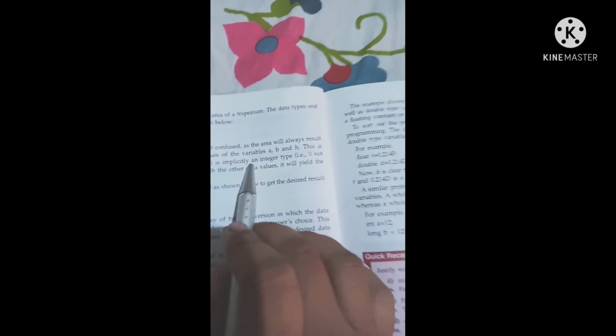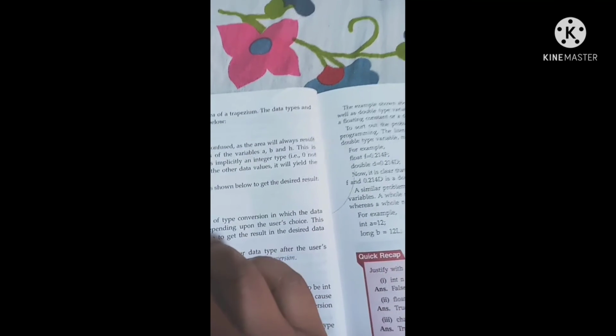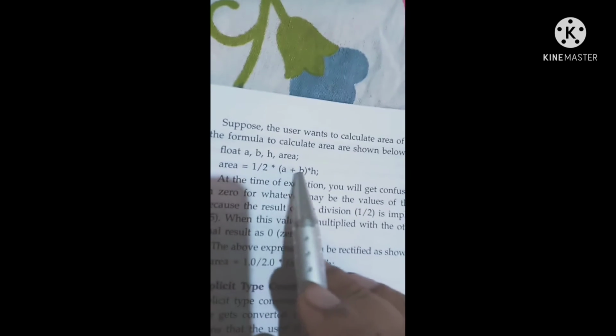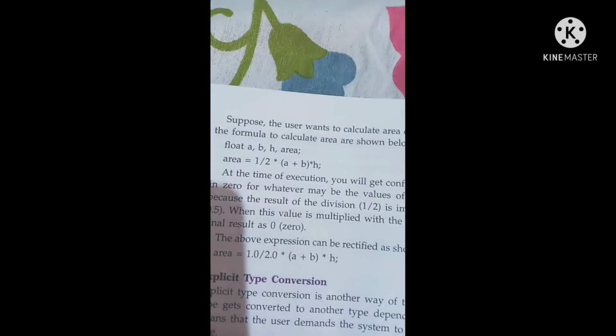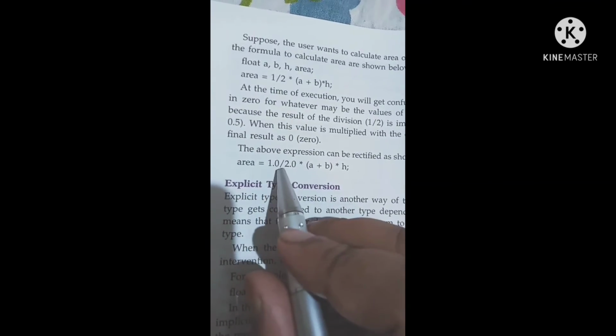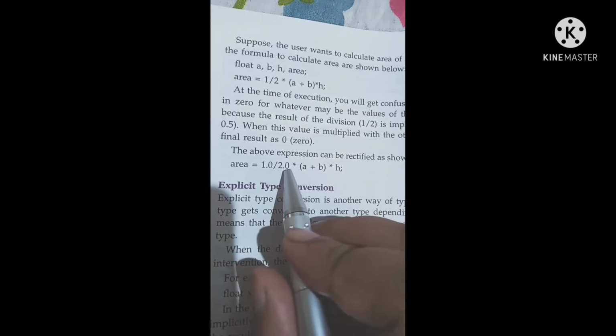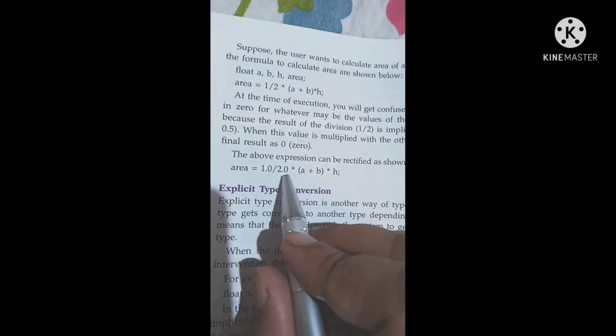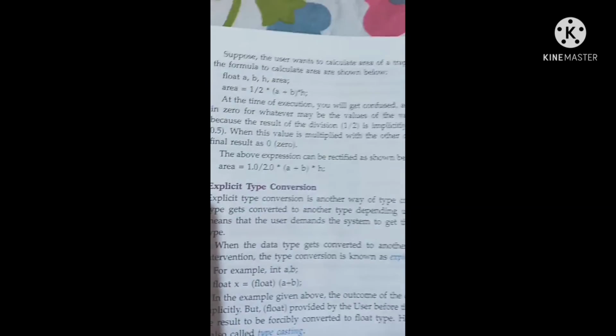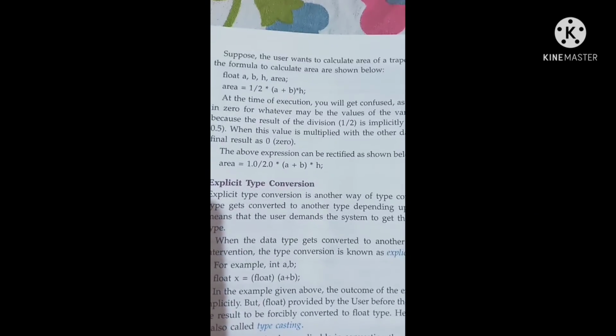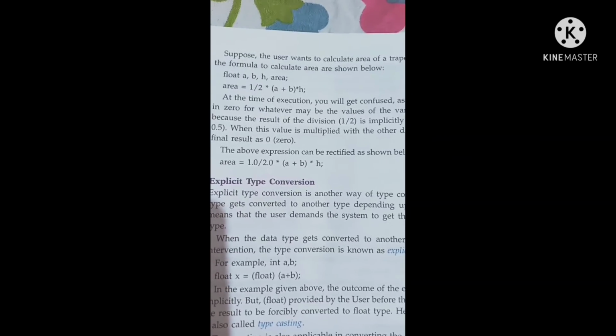It is written here, 1 by 2 is integer type, it will display 0, and when it multiplies with all these things, it will become 0. So the result will come 0. That's why you should give 1.0 divided by 2.0. Then you will get the desired result. Minor things you have to pay attention to here.